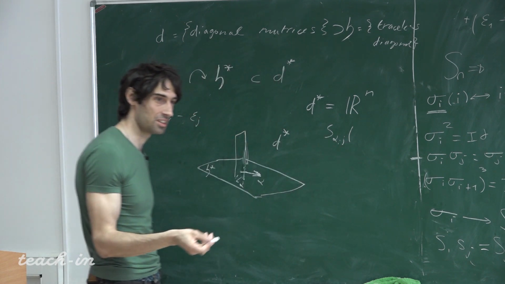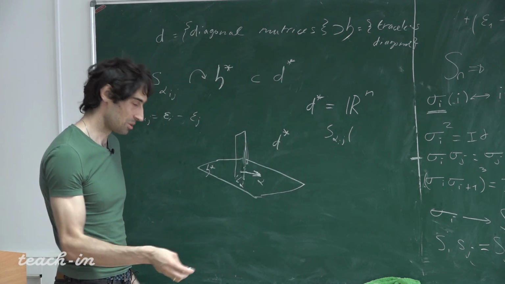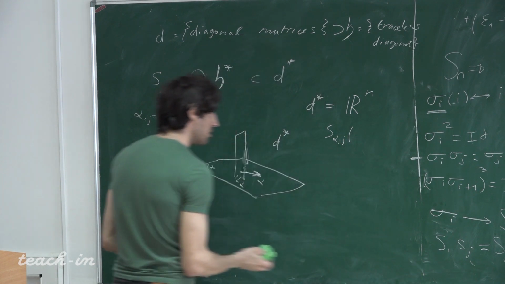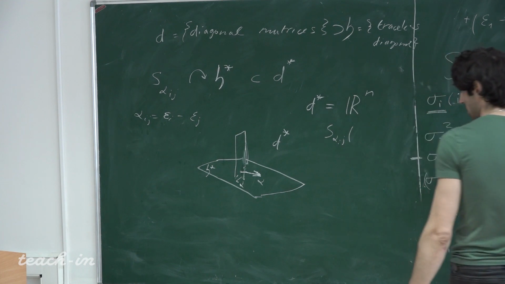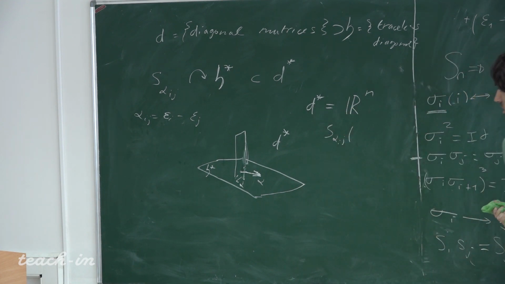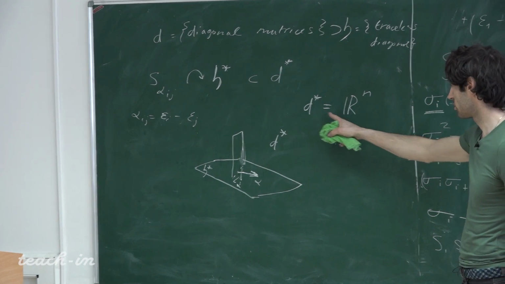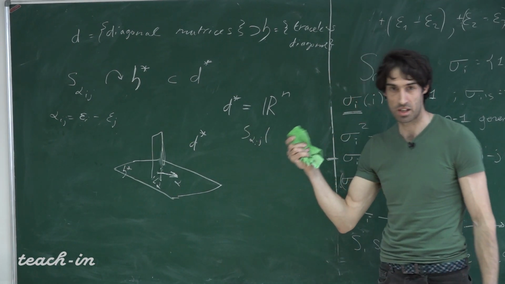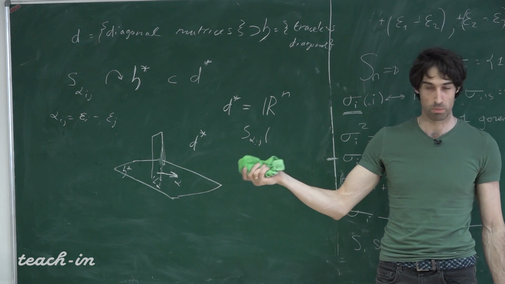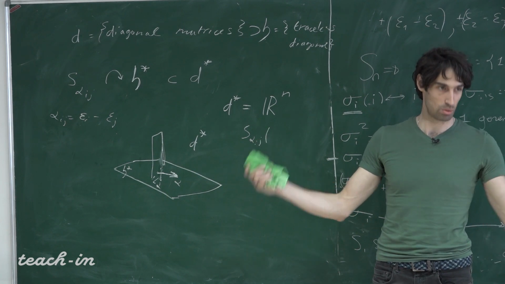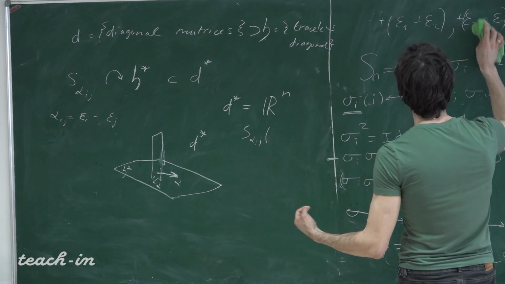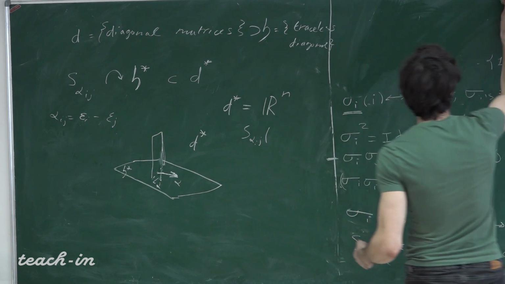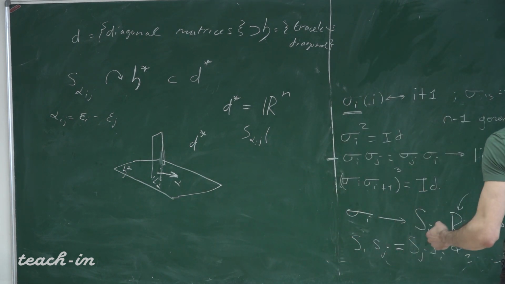And this can be checked in a straightforward way. So let's do this. Again, to have this equality, I need a good basis for D star. This good basis we know, it's the epsilons. So the epsilon_i's are a basis for D star.